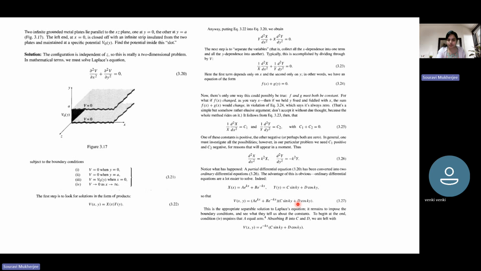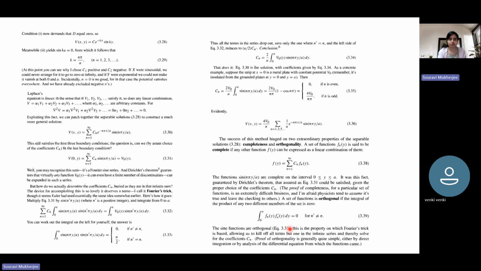Suppose we start with the fourth relation, which is already telling you that as x tends to infinity, v tends to 0, which means you cannot have this exponentially increasing term, right? So that means a should go to 0. That already gives you a more simplified form of potential. Then you get a form like this, right?